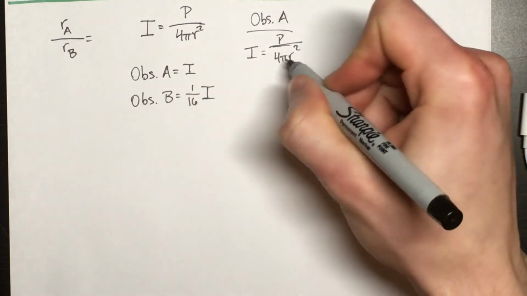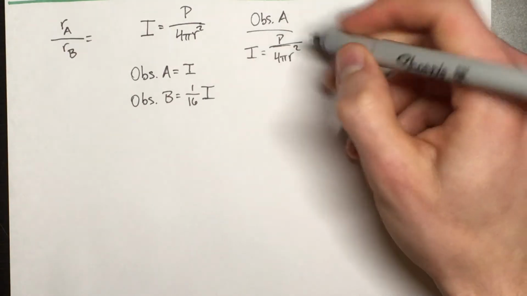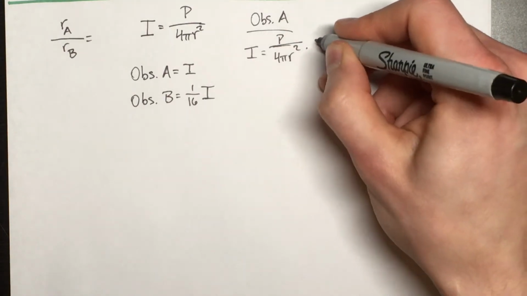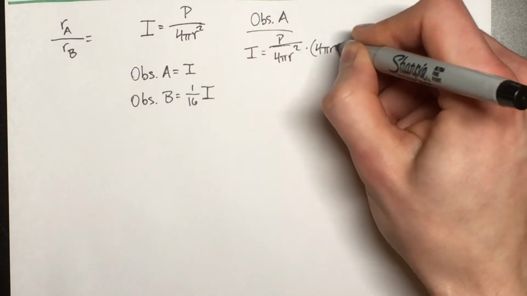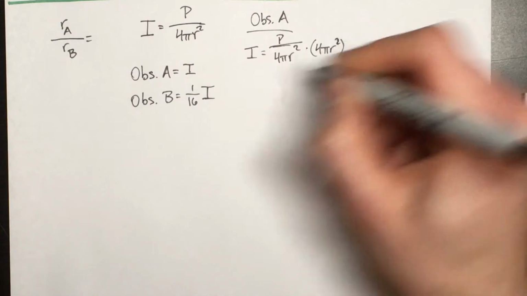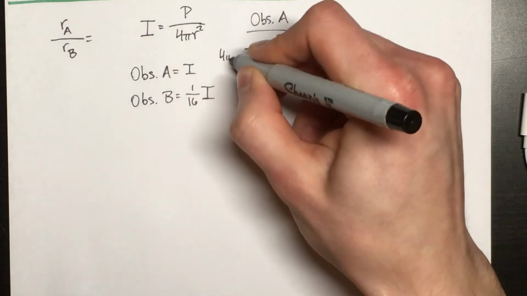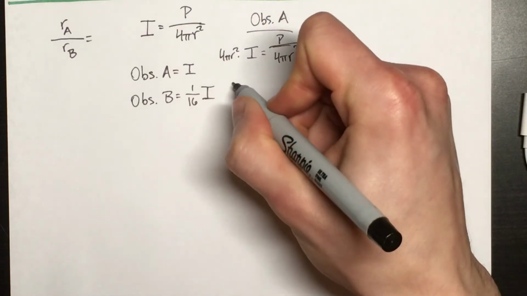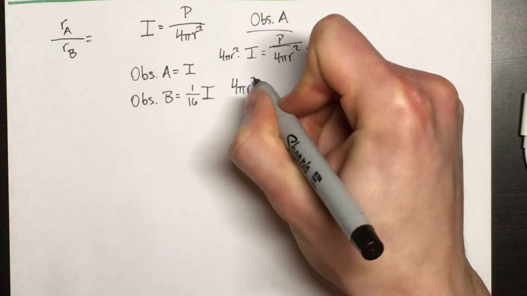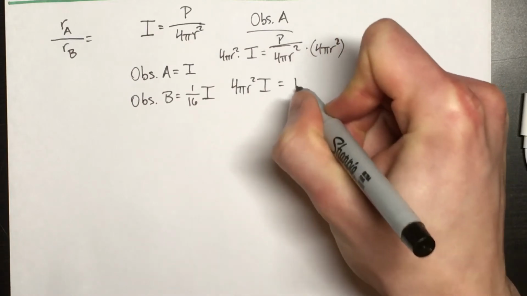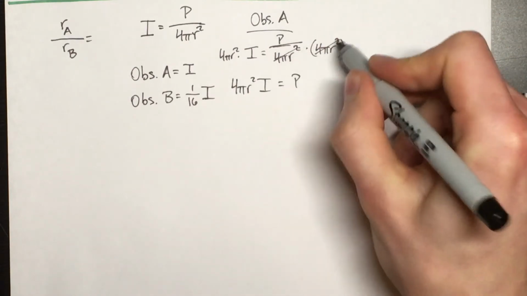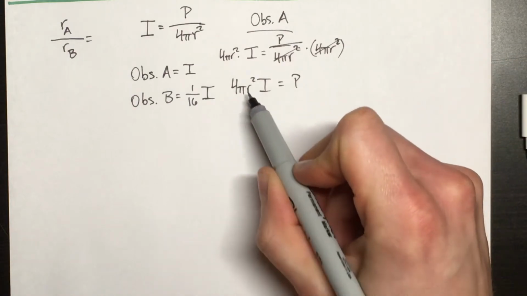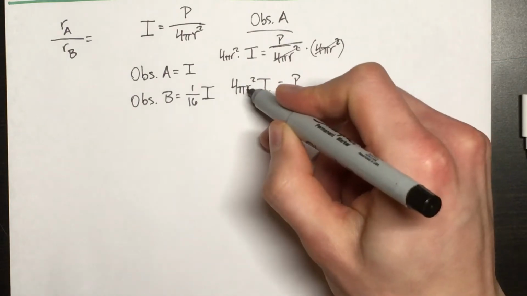So we have a fraction. We don't like fractions like this, so let's multiply both sides by 4 pi r squared to get it all in one line. That gives us 4 pi r squared I is equal to P, because these two cancel out. Now, what do we want? We want r. So how do we get r by itself?